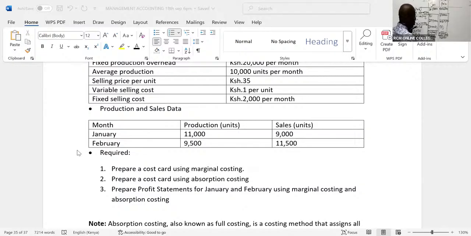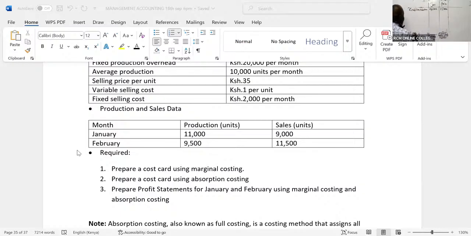Let me actually write up here. So I have my gross contribution, 90,000, and then 115,000, isn't it?